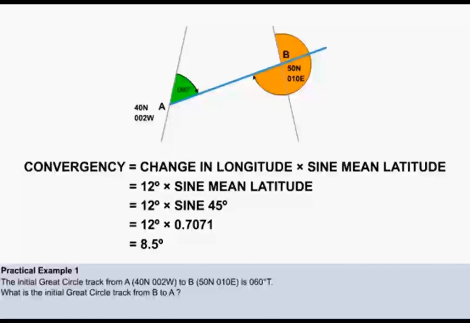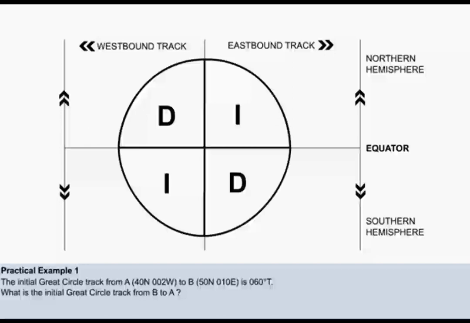Now there are two ways to solve this problem depending on which definition of convergency you prefer. If you use the definition that convergency is the change in great circle track direction between 2 points, then the great circle track has changed 8.5 degrees between A and B. It left A on a track of 060, so using the DIID rules for increasing or decreasing track, we are looking at a track going eastwards in the northern hemisphere.